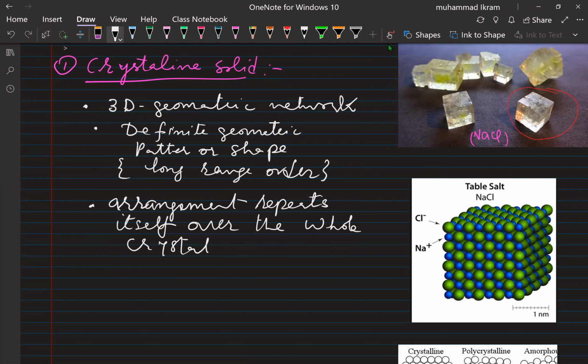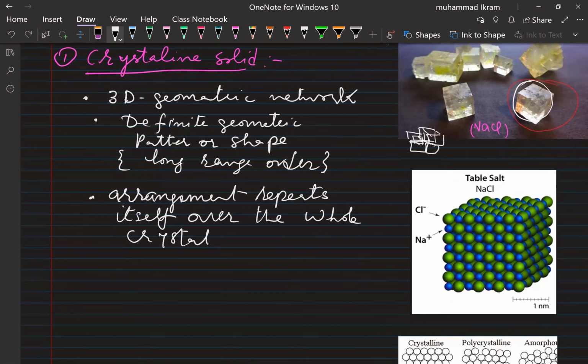For example, if this is the basic cubic crystal structure, you see here that this crystal structure repeats itself continuously like this, and then this, like this. So the structure repeats itself in a 3D plane. They have smooth faces and straight edges.